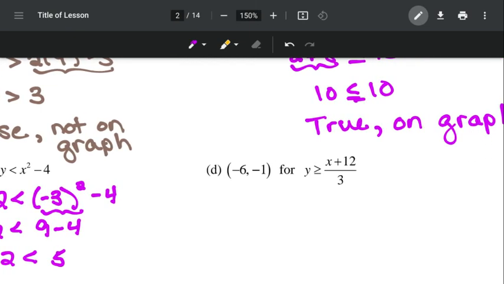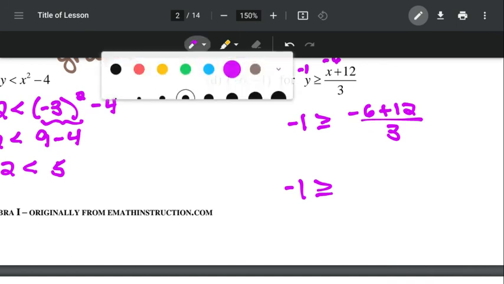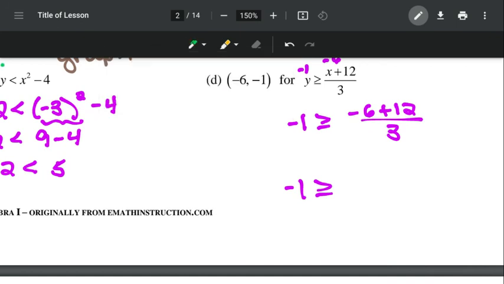This one, it's got a fraction, but that's okay. We know fraction just means divide. So -1 goes in for y, -6 goes in for x. Okay, let's think about order of operations. Of course, you could put this in your graphing calculator if you're at school, but if you're doing this at home and you don't have a graphing calculator, you might need to find an alternative.